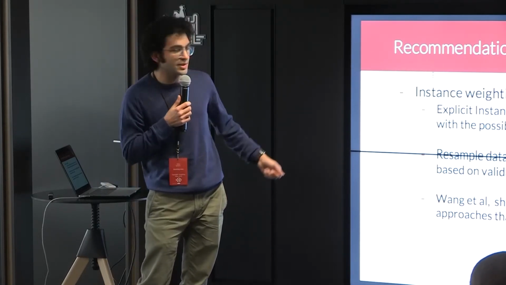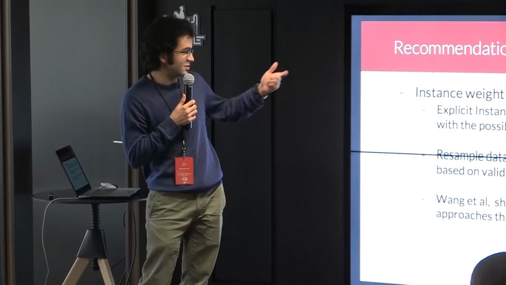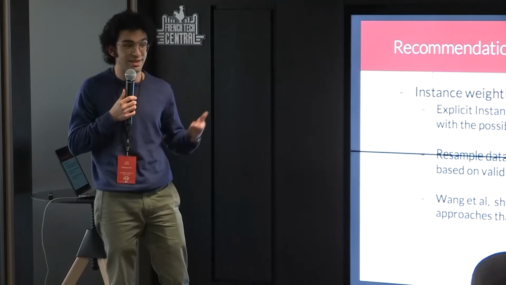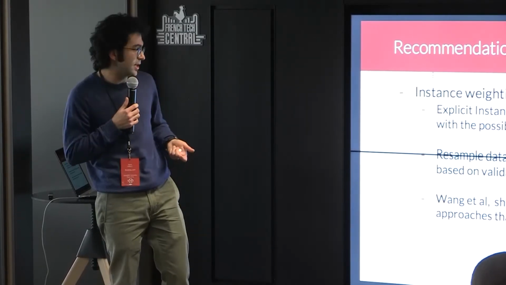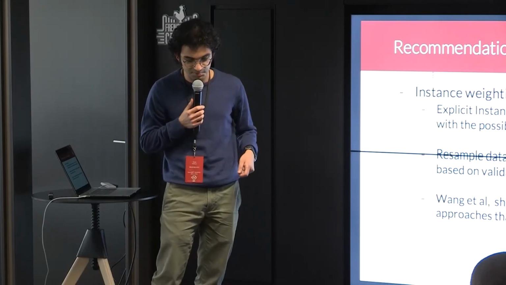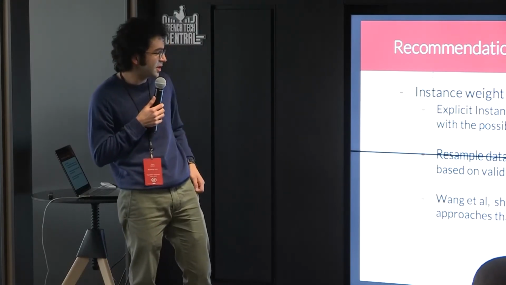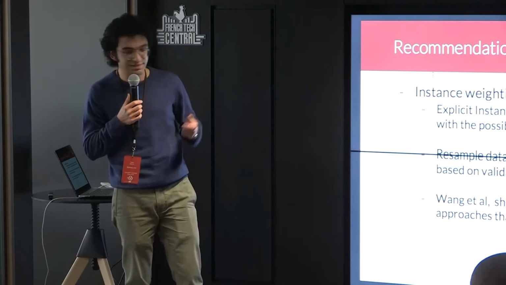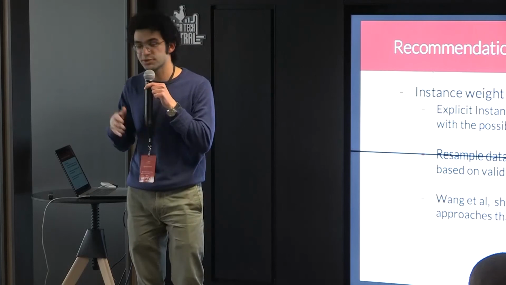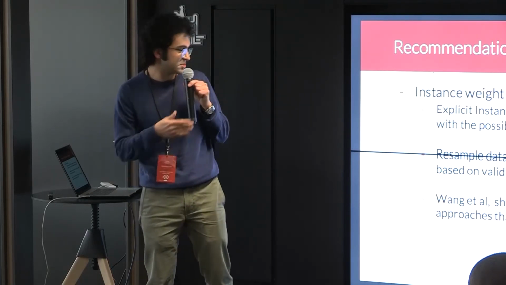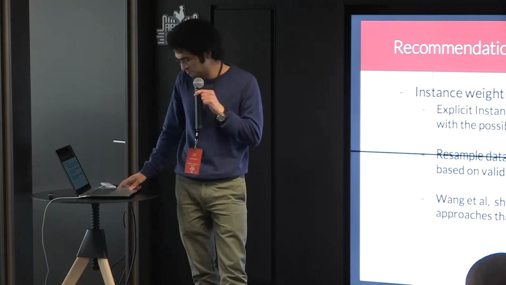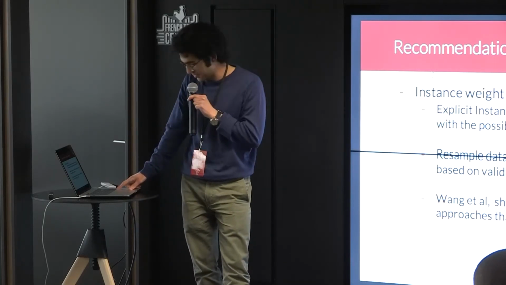And if we can have this ability of resampling the data across different epochs and adapt those weights, I think some interesting ideas were discussed in the Wang et al. paper regarding instance weighting and adapting these weights across epochs or many batches. So this could be an inspiration for us to include this in OpenNMT.